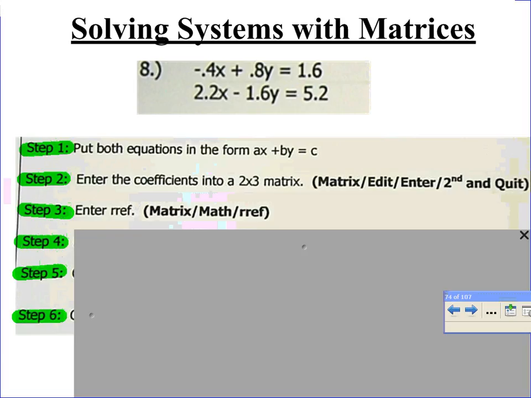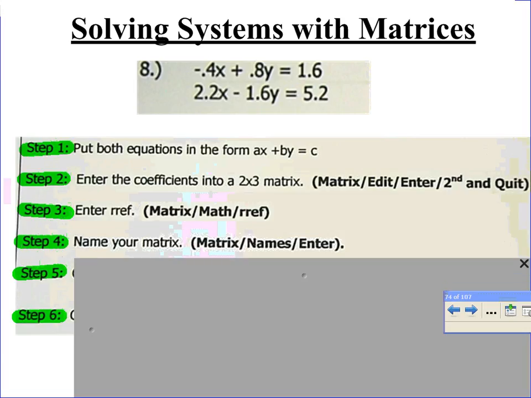Step 4 is name your matrix. It's already going to be named for us, but I'm going to show you that. And we get to that by matrix, names, enter. And we're going to go through all these steps together.